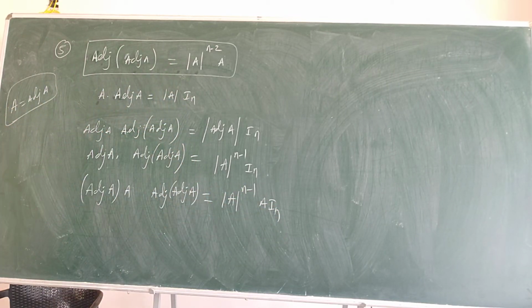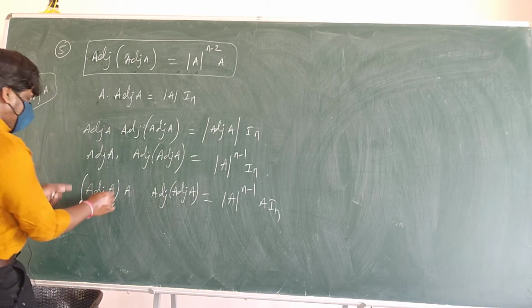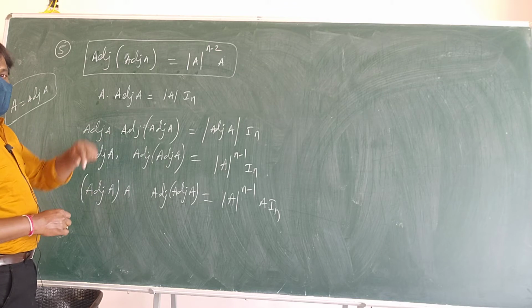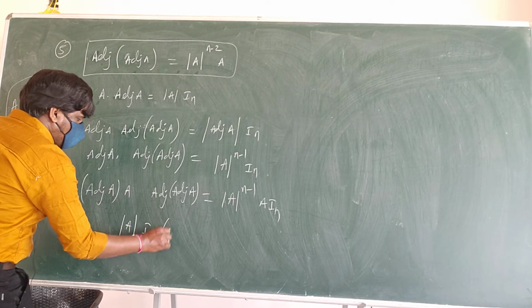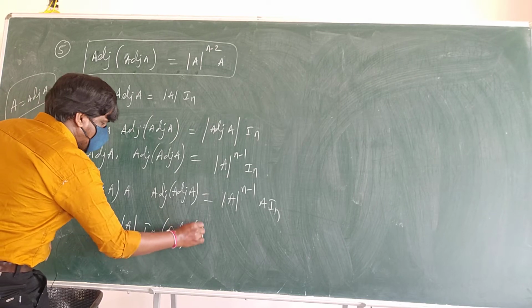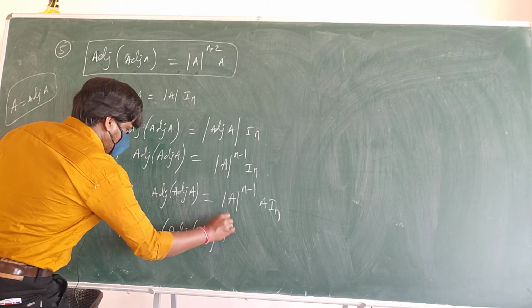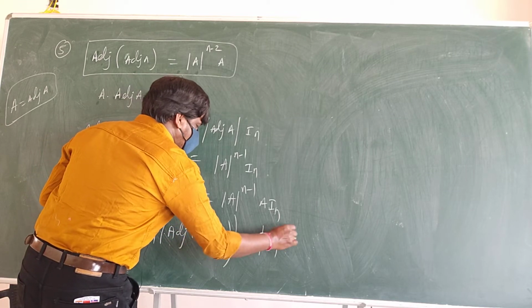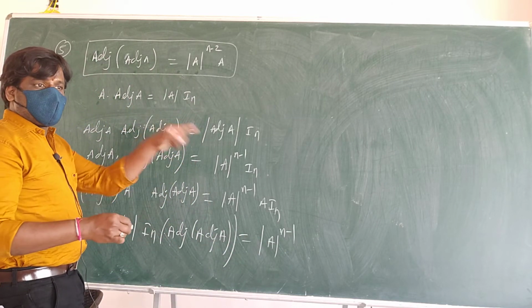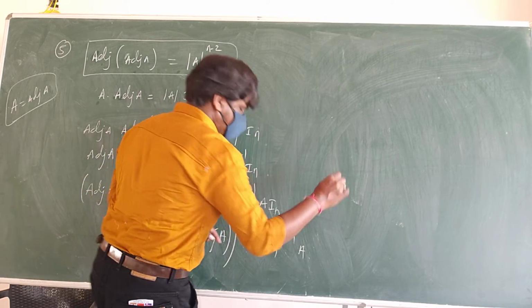Now A into In will become A. Adjoint of A into A will become determinant of A into In into adjoint of adjoint A. This is equal to determinant of A to the power of n minus 1 into A into In, which is A.